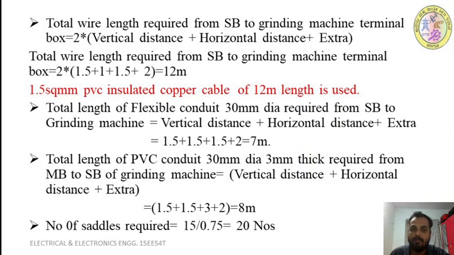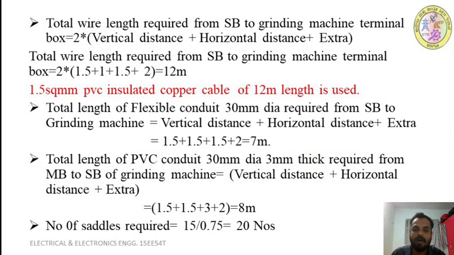Our switchboard is placed 1.5 meter from the ground level, so we have to take it back to the ground from the 1.5 meter level. That is a vertical drop of 1.5 meter. Then we are taking a rise of 1 meter at the bed level, in the bed of the machine.